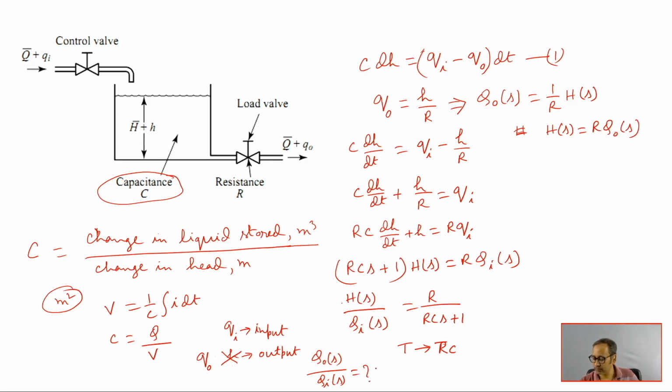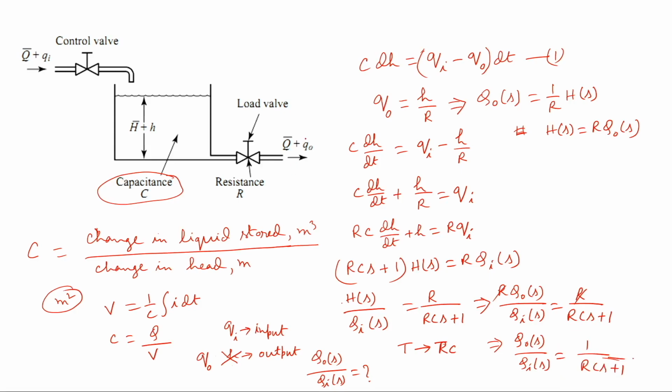So you have to find out this one. Now from here you can replace Hs by R QoS, so R QoS by QIS equal to R by RCS plus 1. This R will be cancelled out. So QoS by QIS equal to 1 by RCS plus 1. This is the transfer function considering this as the output and this as the input.